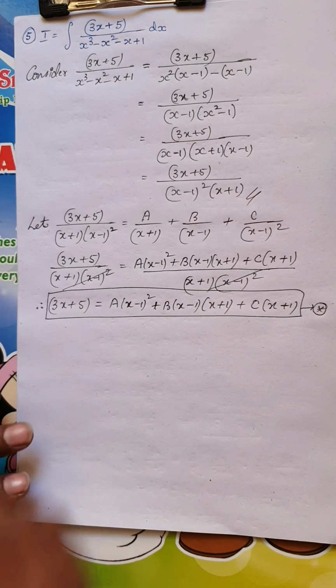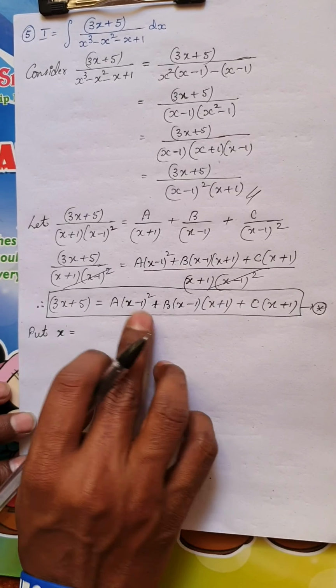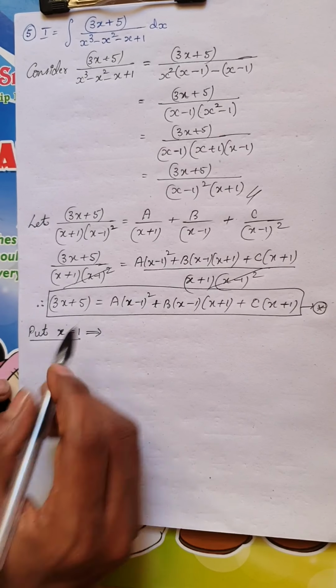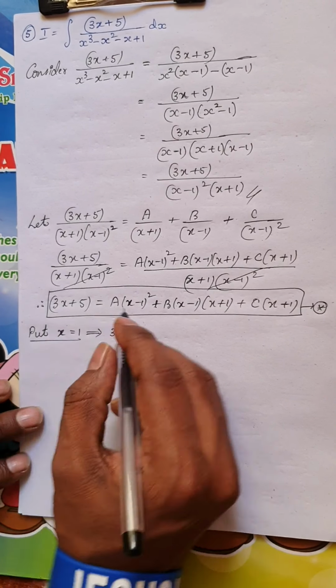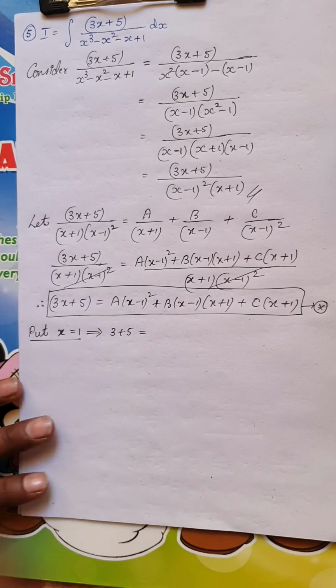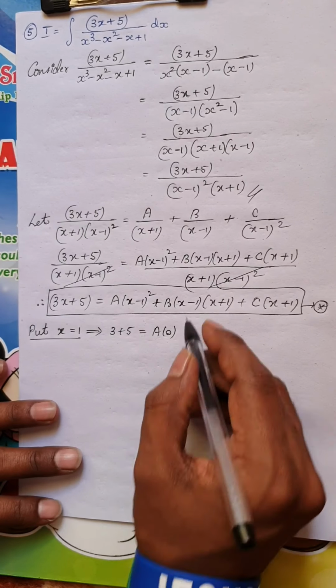Now, as in the previous case, for the first case I will put x as 1 and see what happens. If you put x as 1, the left hand side would be 3 into 1 is 3. So, 3 plus 5 is nothing but, if you put x as 1, the coefficient of a will be 0.